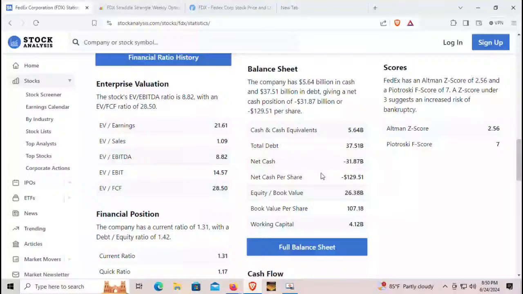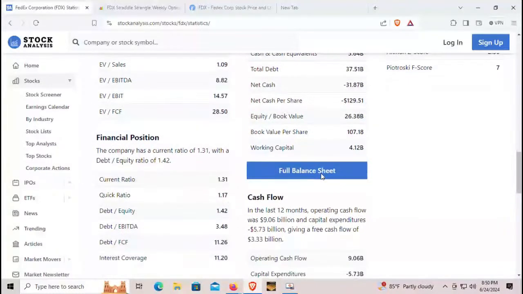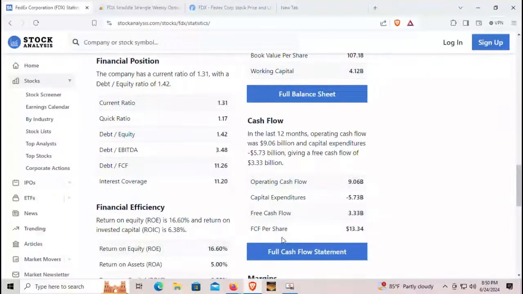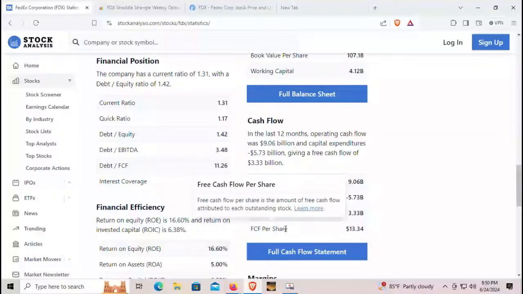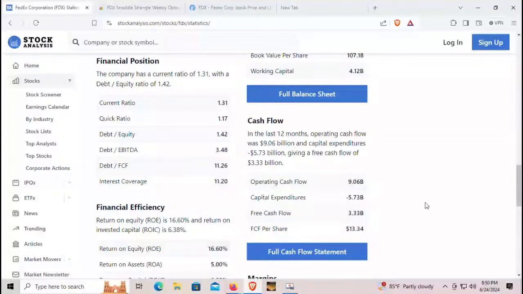I don't know how this is. I didn't even believe this, but the cash flow is 90 billion. The capital expenditure is 5 billion. So given free cash flow of $3.33 billion. I think that's the positive side on the cash flow.